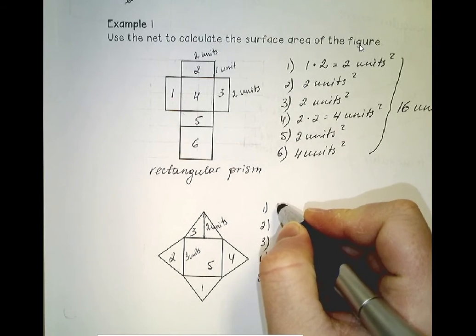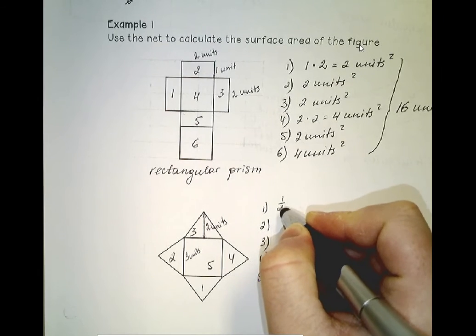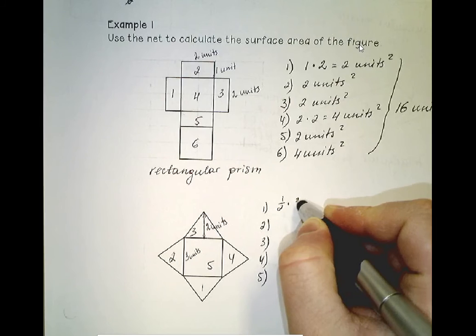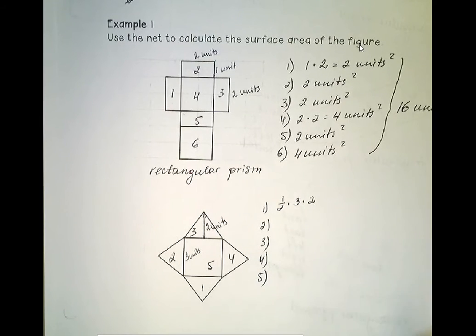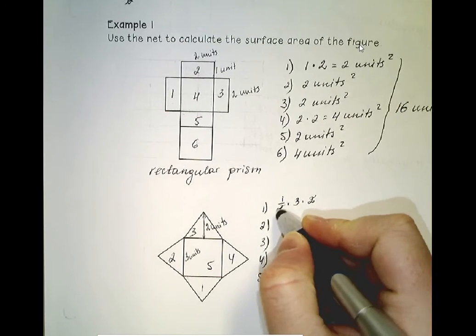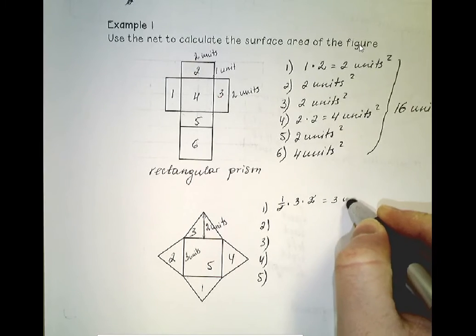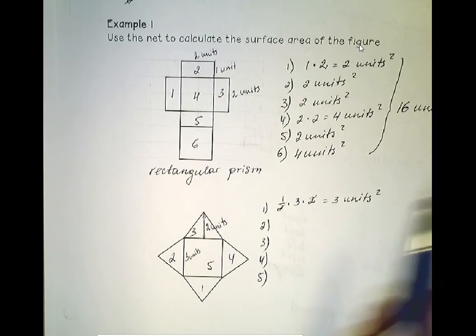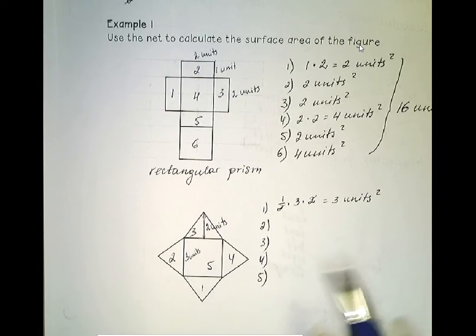So to find the area, we are going to multiply 1/2 by the 3 units and by 2 units in height.